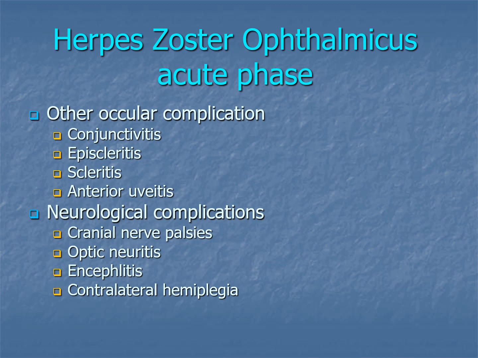So in the acute phase of herpes zoster ophthalmicus, other ocular complications are conjunctivitis, episcleritis, scleritis, and anterior uveitis. Neurological complications may be there: involvement of cranial nerves third, fourth, and sixth, optic neuritis, encephalitis, and sometimes contralateral hemiplegia.